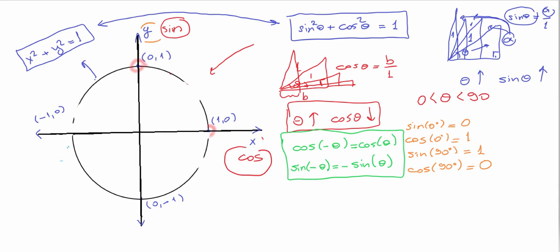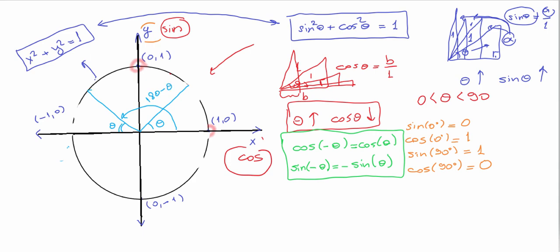Okay, let me have the angle theta here, and let's get this angle here. If this part is theta, then the measure of that angle is going to be this one here, 180 minus theta.